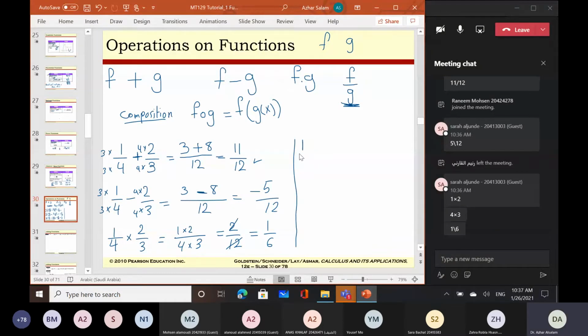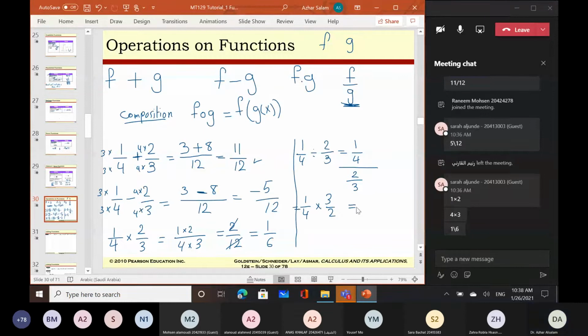If I have to divide 1 over 4 by 2 over 3, what I must do is take 2 over 3 and take the reciprocal. أخذ المقلوب. Reciprocal means المقلوب. I multiply by the reciprocal, multiplied by 3 over 2.